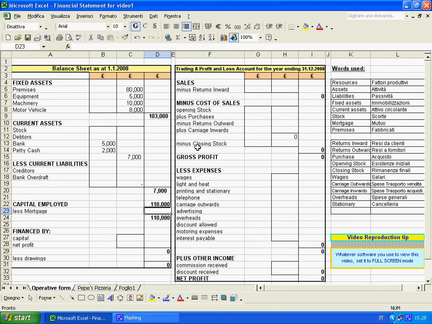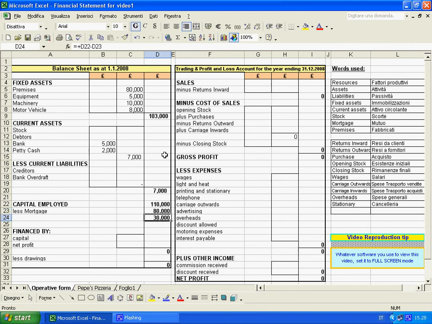A mortgage is a loan, a long-term loan, and we hope that the bank will be willing to lend us the same amount of the premises bought. So we can write here, hopefully £80,000.